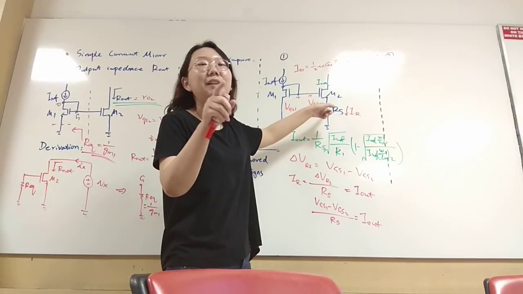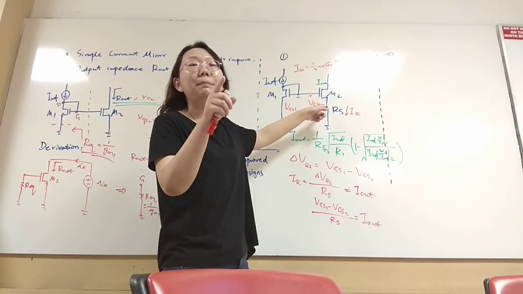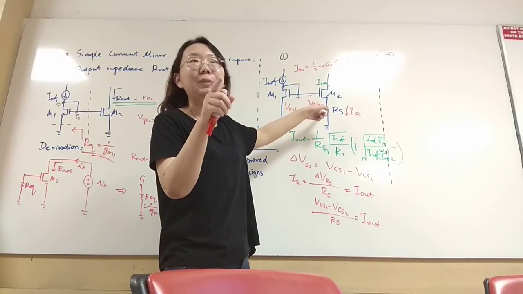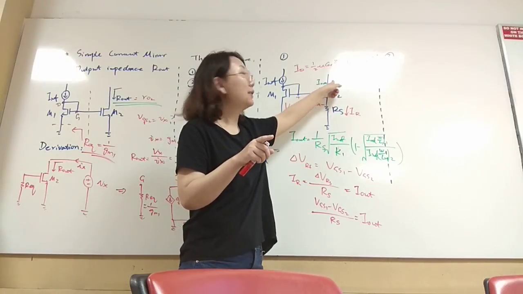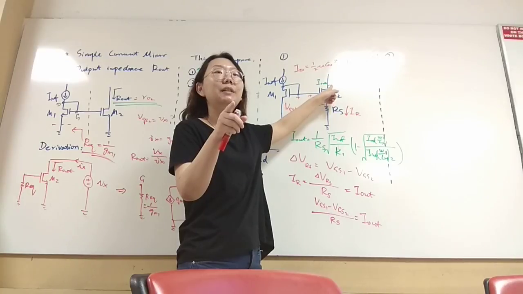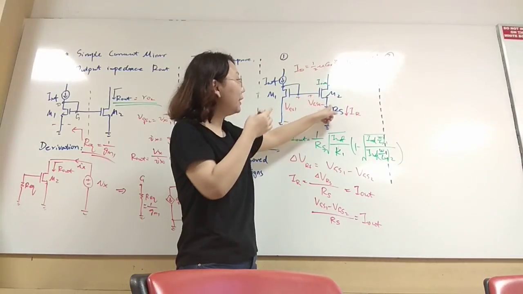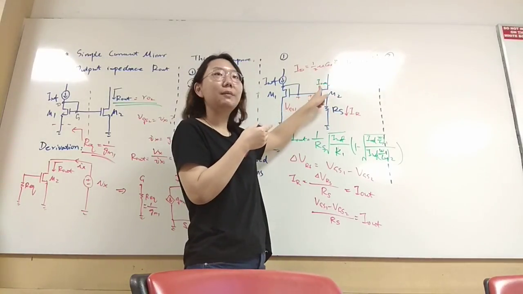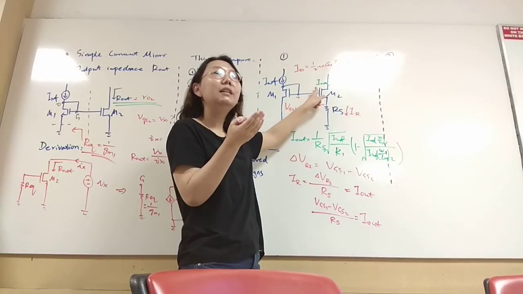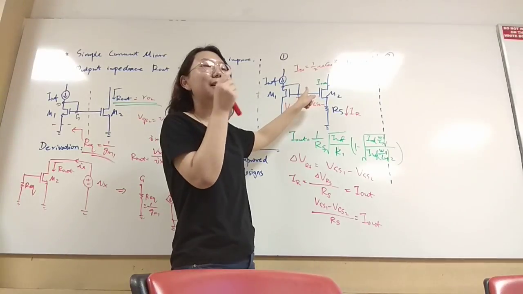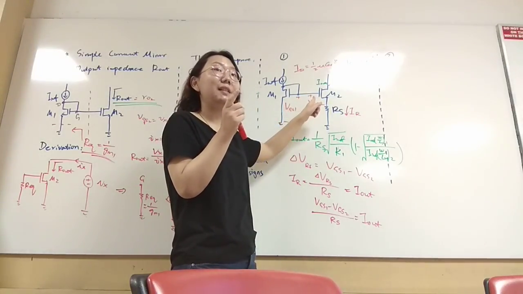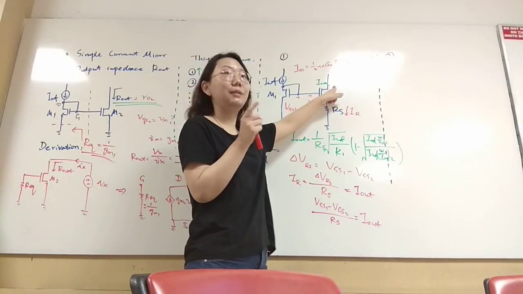And I think inside your notes, your lecturer mentioned that for simplicity, we assume this current equals this current for your BJT as well. Because usually this current is the sum of this and this, right? For BJT, that's the IB. So for simplicity, we just assume this one equals this one.